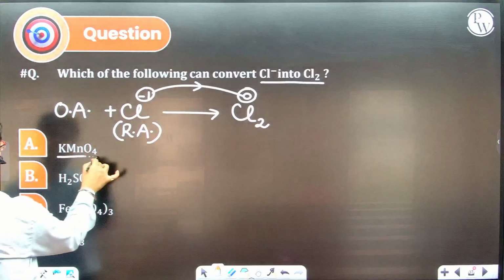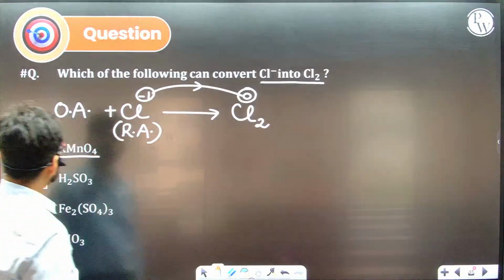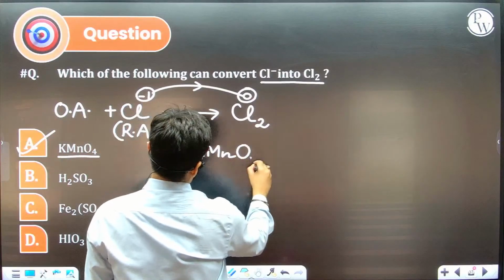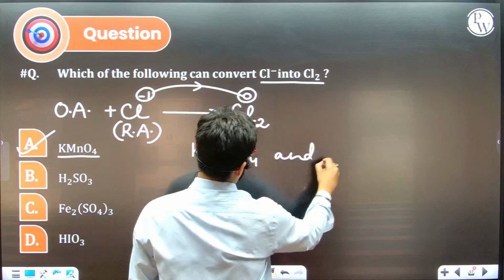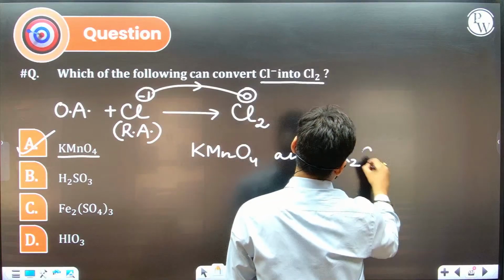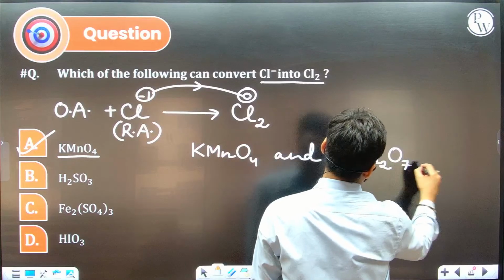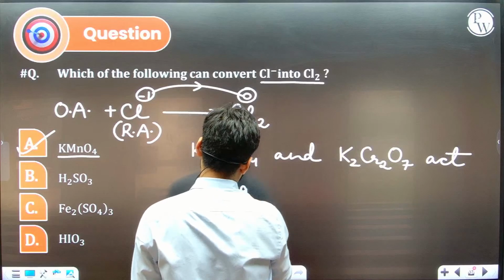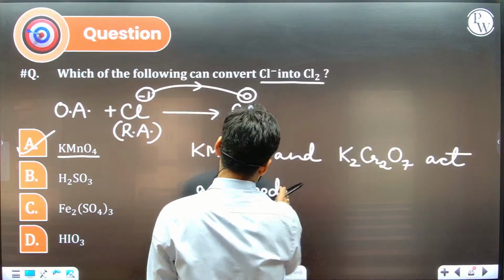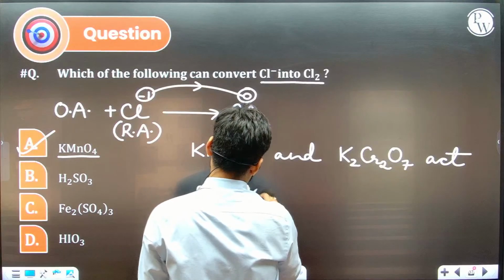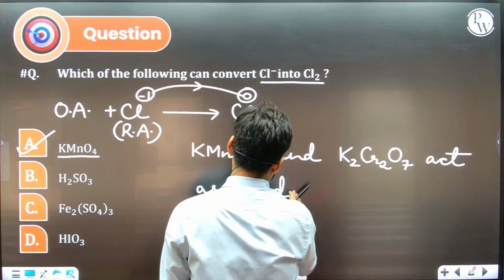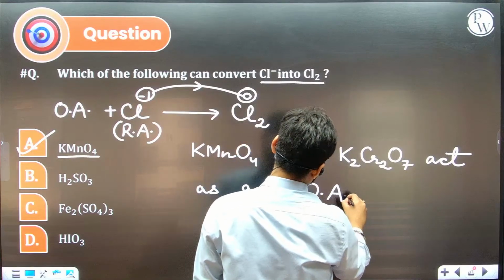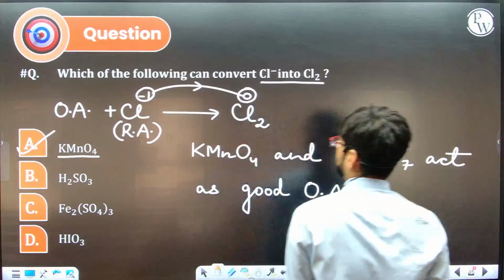Now this is a very good oxidizing agent, hence A is the correct answer. Remember, KMnO4 and K2Cr2O7 are strong oxidizing agents. They are very good oxidizing agents. So A is the correct answer.